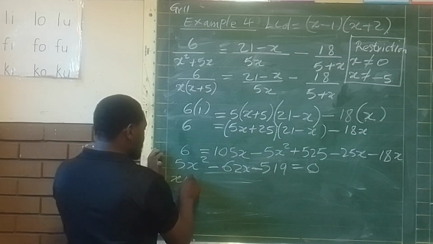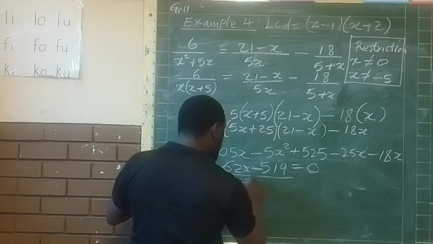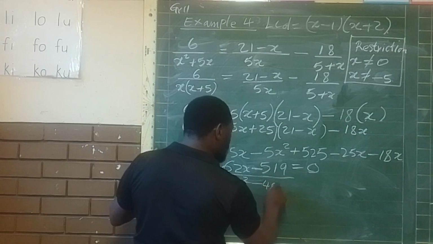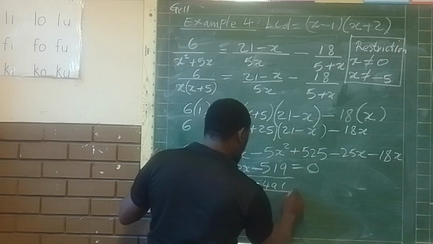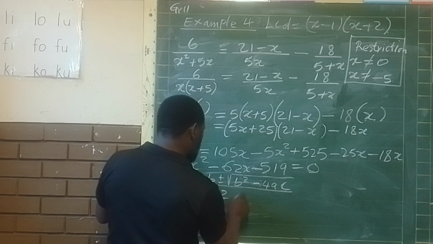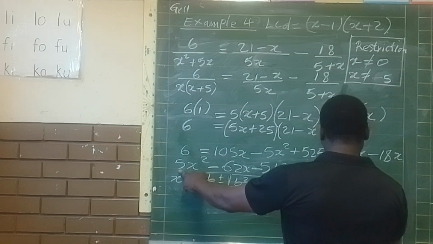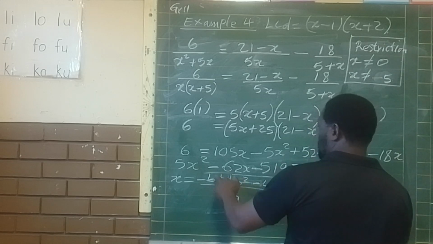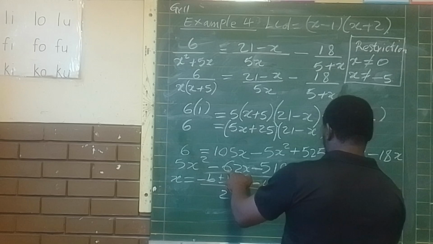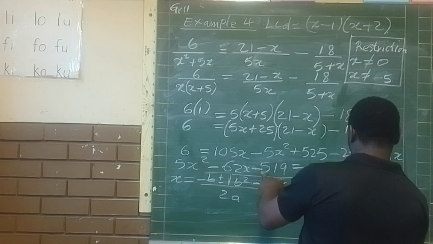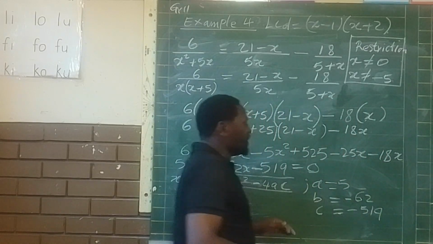We go for x is equals to minus b plus minus square root of b squared minus 4ac all over 2a. Hence, a is equals to 5, b is equals to minus 62, c is equals to minus 519. I will leave it up to you, grade 11.